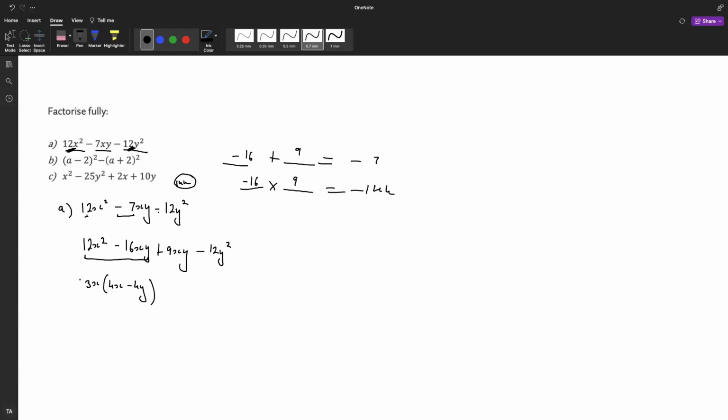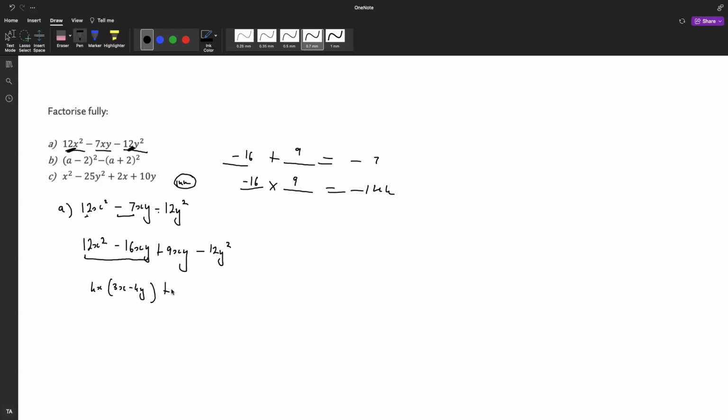Sorry, there's a mistake there. The highest common factor is not actually 3, it's actually 4. Sorry about that, let's fix that. So we've got 4x outside, and then inside we've got 3x minus 4y.